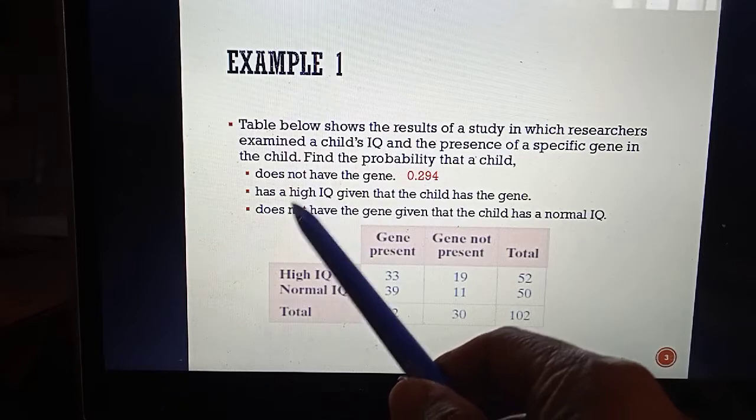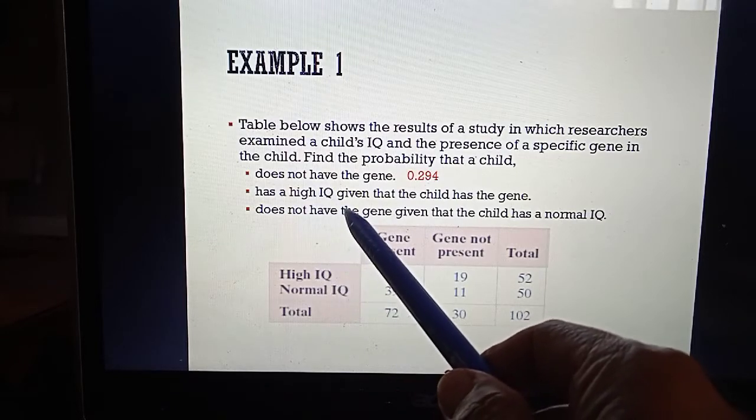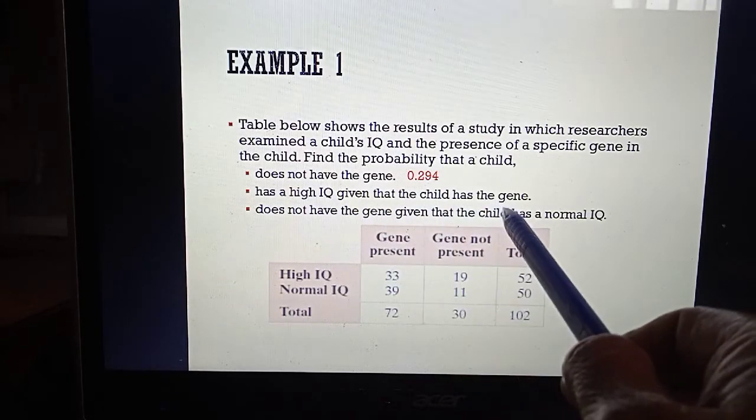Next, a child who has a high IQ given that the child has the gene.